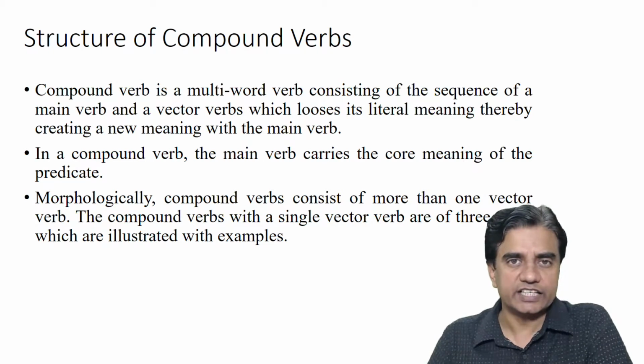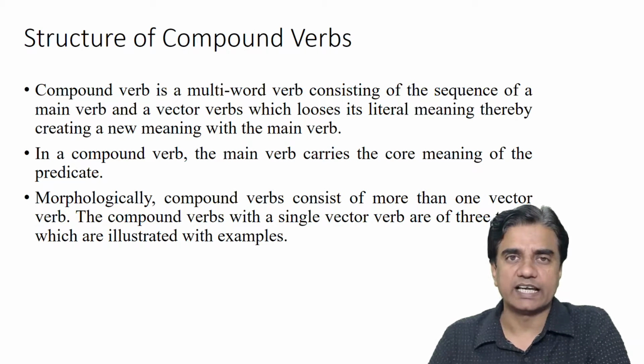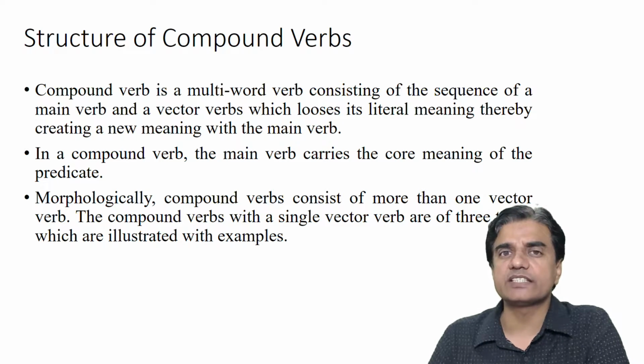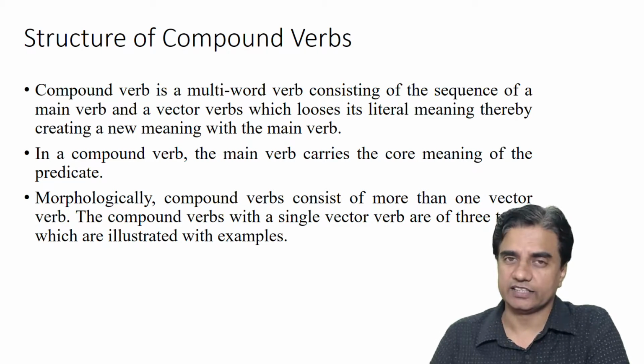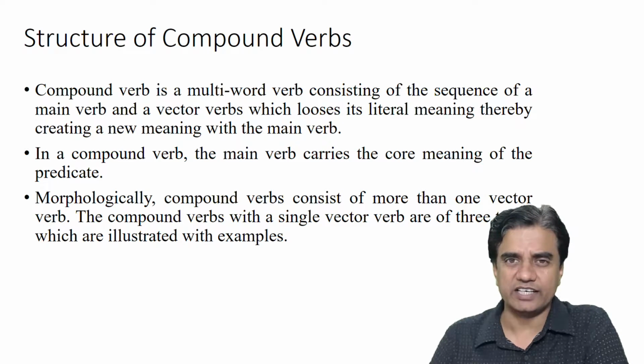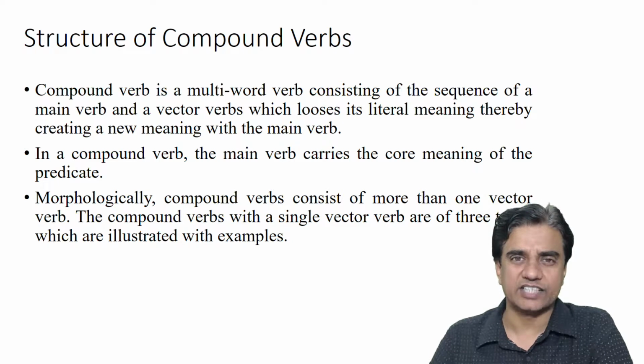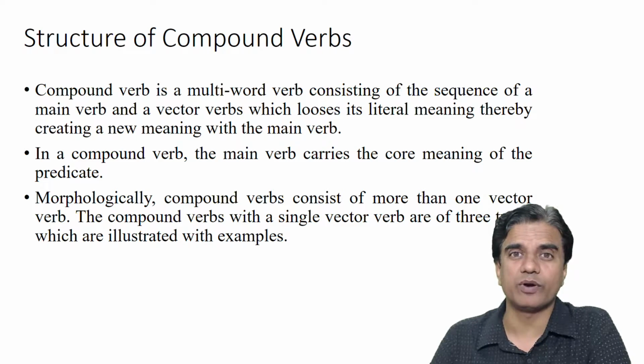Then let's take yet another example. We can say aap aiye. This sentence also means please come. The other sentence that we discussed, aap aa jaiye, also means please come. However, the sentence aa jaiye is an example of a compound verb, an example of a complex predicate.